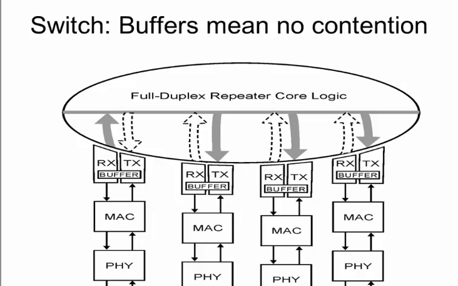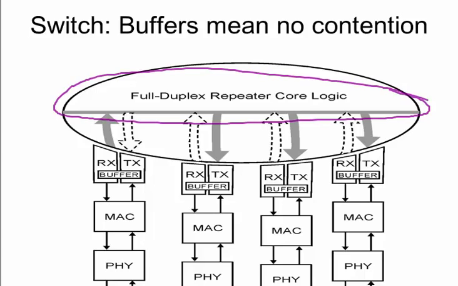So, the move to switches. The switch is a full-on computer in the background. Full duplex, which means there's a buffer on the port where you're plugged in. It's got its own management of the MAC, the media access control, and the physical control out to the computer here.